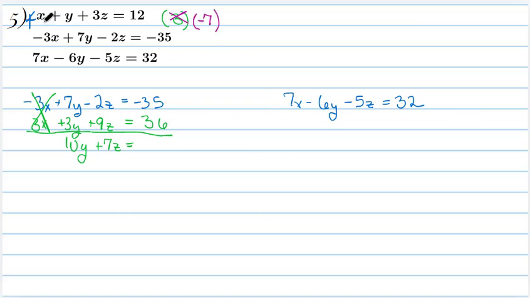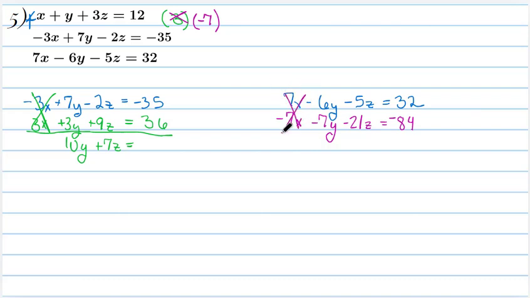So when I multiply it by -7, x times -7, -7x. Y times -7, -7y. 3 times -7, -21z. Equals 12 times -7, which is -84.